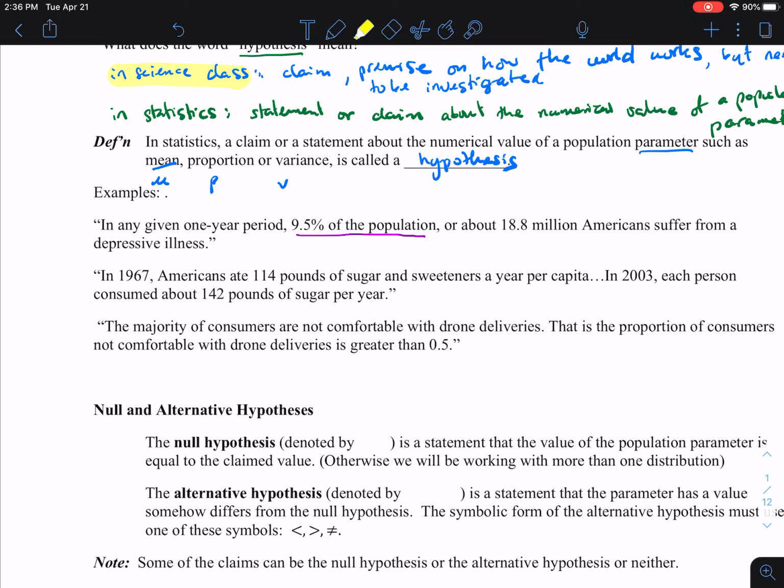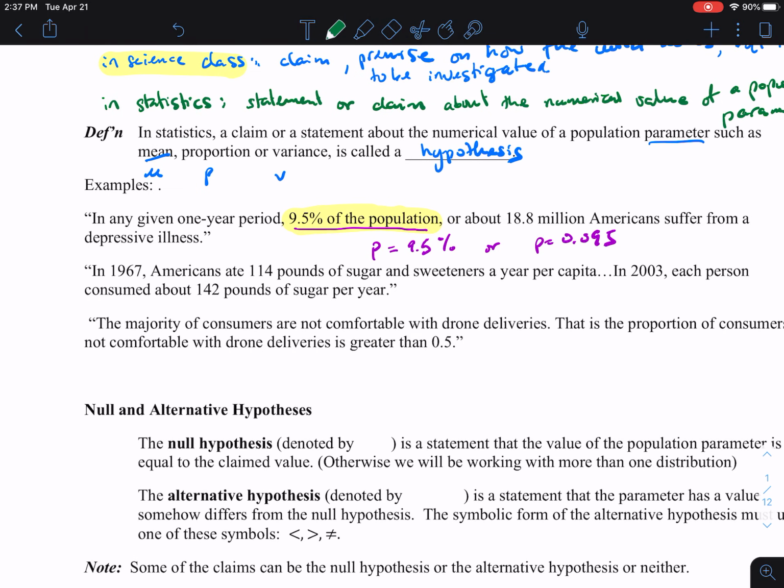The claim or hypothesis here refers to p, the population proportion of Americans who suffer from depressive illness, and this article says p is around 9.5%, or p equals 0.095. That itself is a statement, a claim, or a hypothesis. Let's look at the next one.